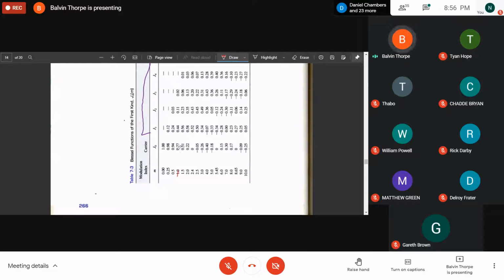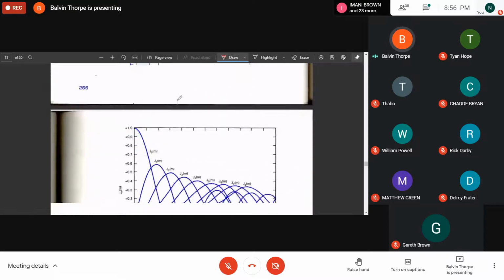It tells us that we have a carrier component, and then 1, 2, 3 sets of side frequencies, upper and lower. That's the first thing it tells us.